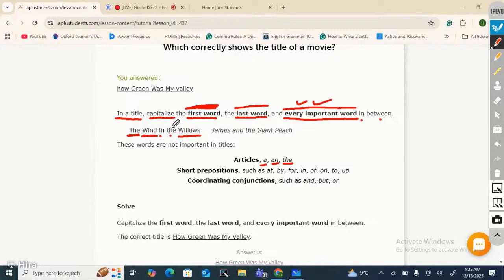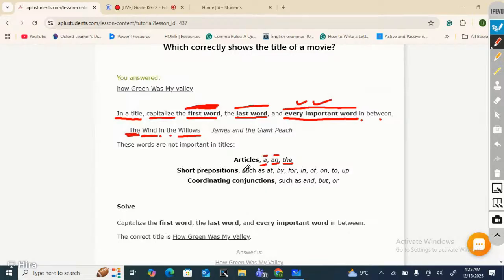When we use it in the middle, it is not capitalized, because in between, it is not important. Same is the case with articles a and an: if they are the first words of the title, they will be capitalized, but if they are used in between, they aren't capitalized.